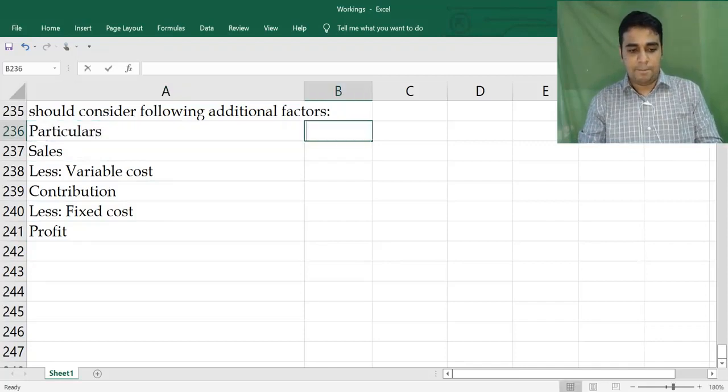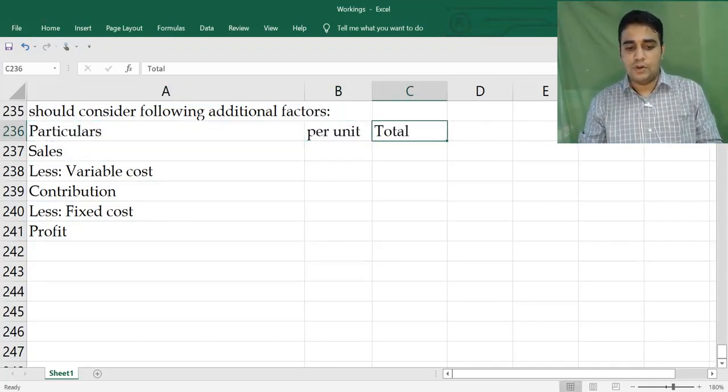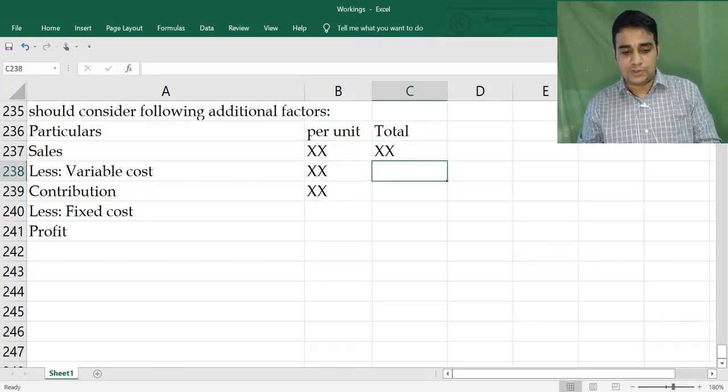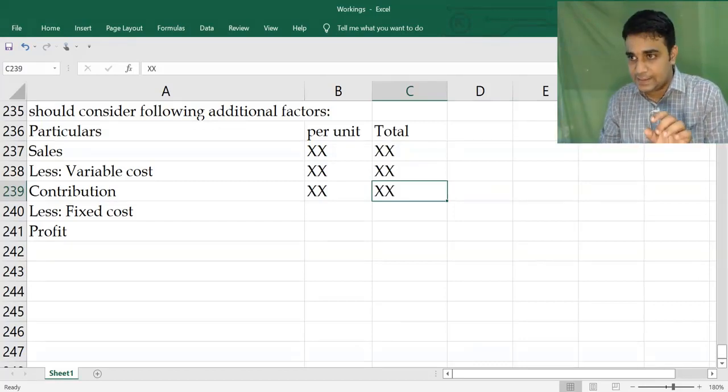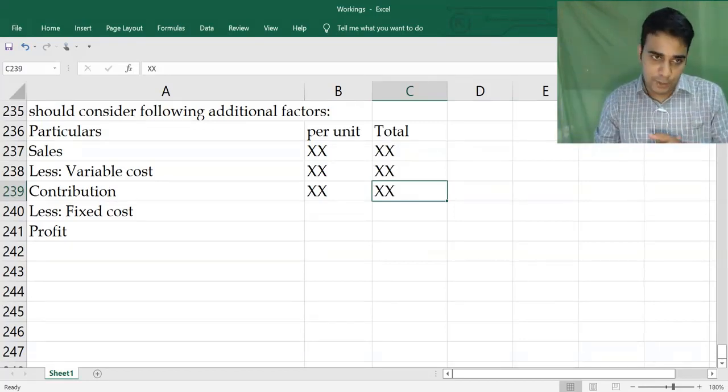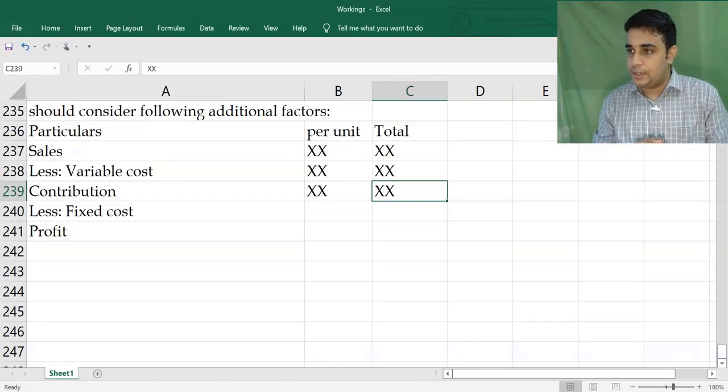Columns: particulars, per unit, total. Some of the items would be captured at per unit as well as total, like your sales, you would like to capture the per unit selling price. Variable cost should be captured at a per unit level, contribution should be captured at a per unit level.